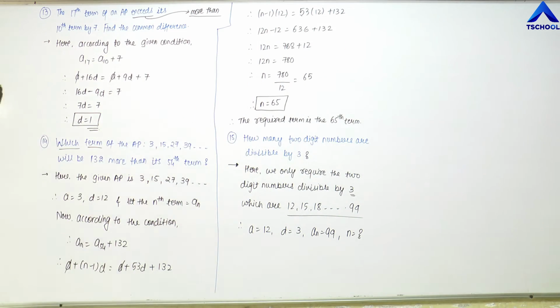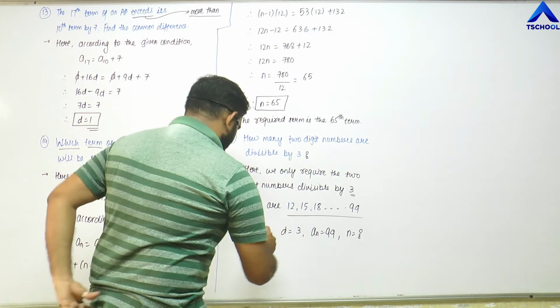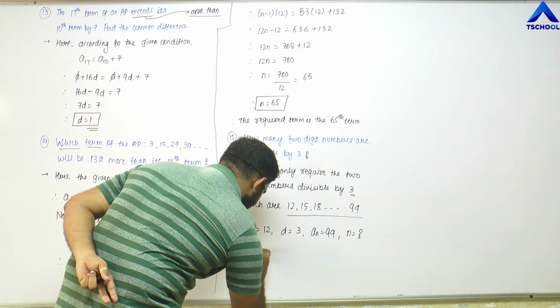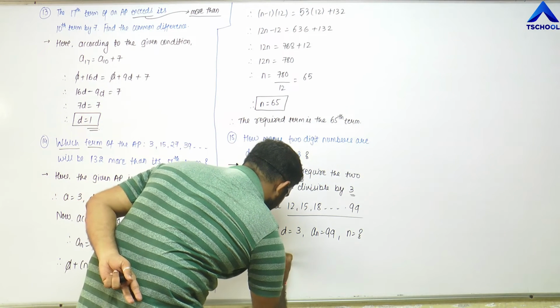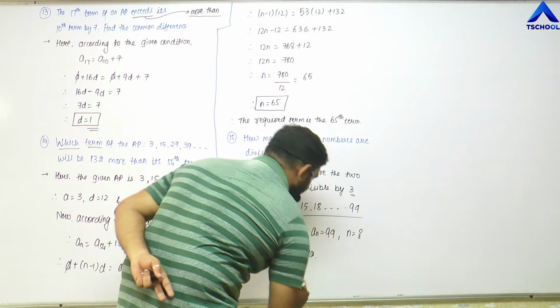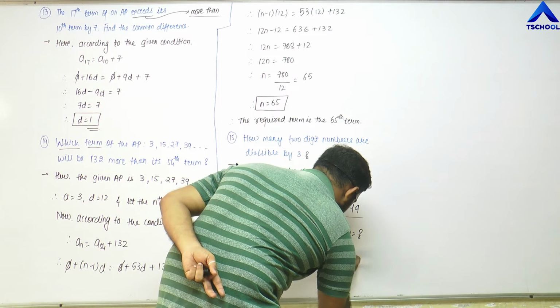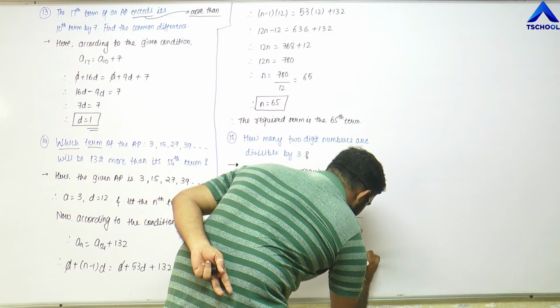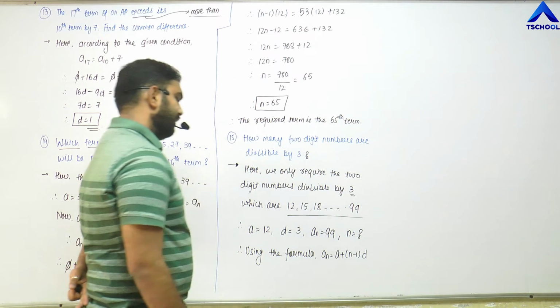Okay, so now using the formula a_n equals a plus (n minus 1) into d, right?